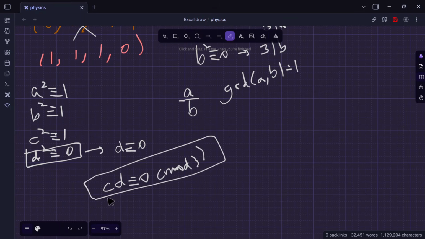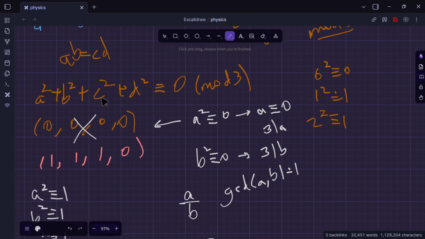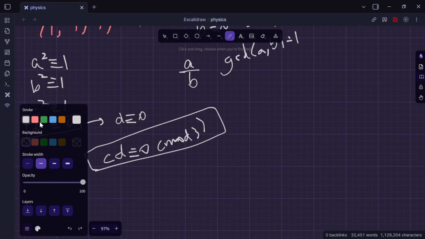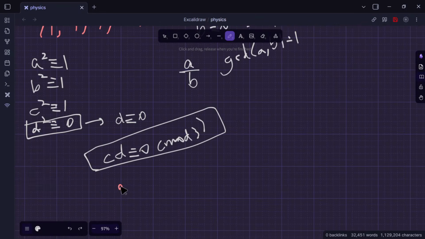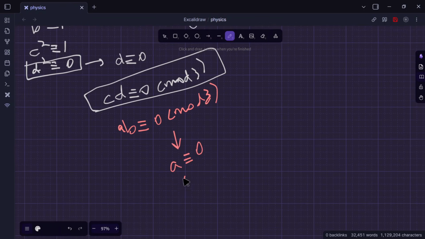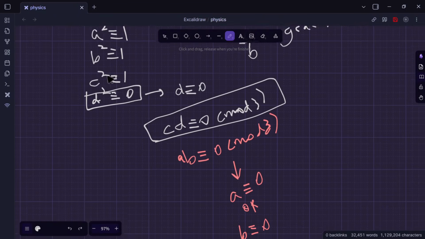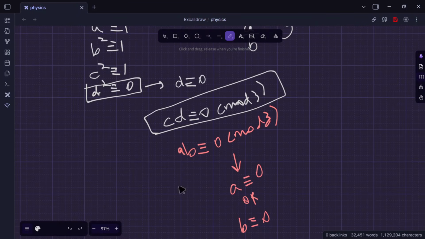But remember that we know that AB is equal to CD from before. So AB should also be congruent to 0 mod 3. And since 3 is a prime, A is congruent to 0 mod 3 or B is congruent to 0 mod 3. But clearly A squared is congruent to 1 and B squared congruent to 1. Neither of them is 0, so we have a contradiction.